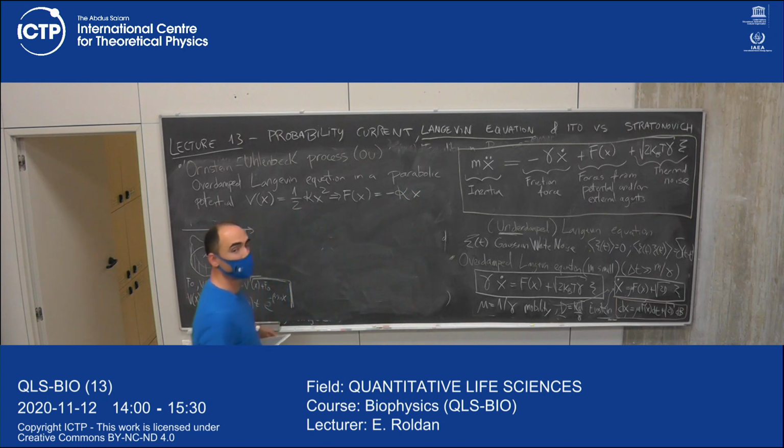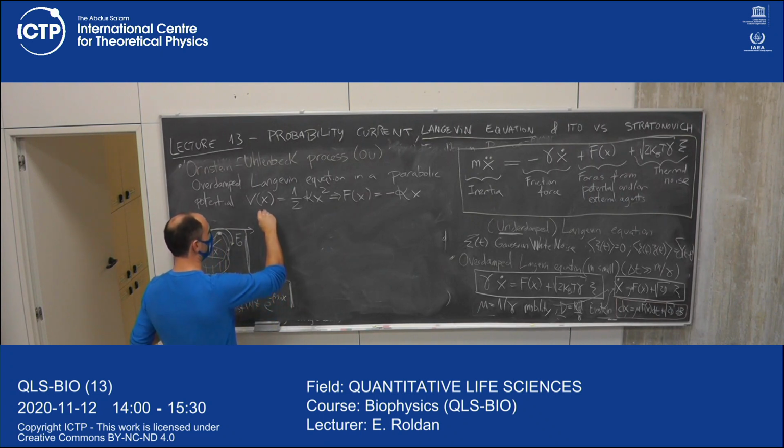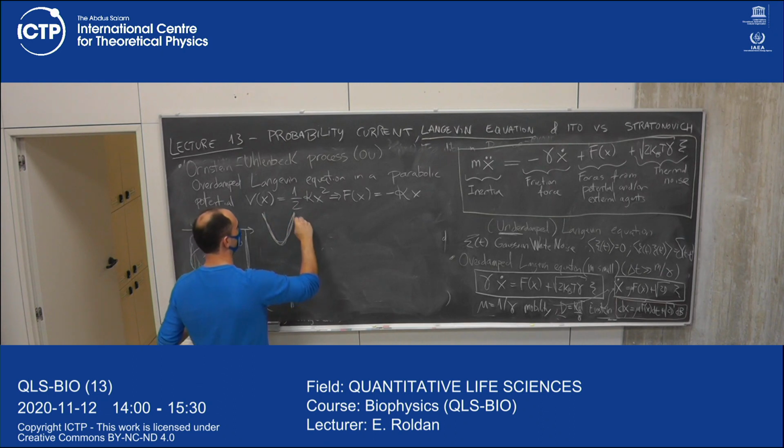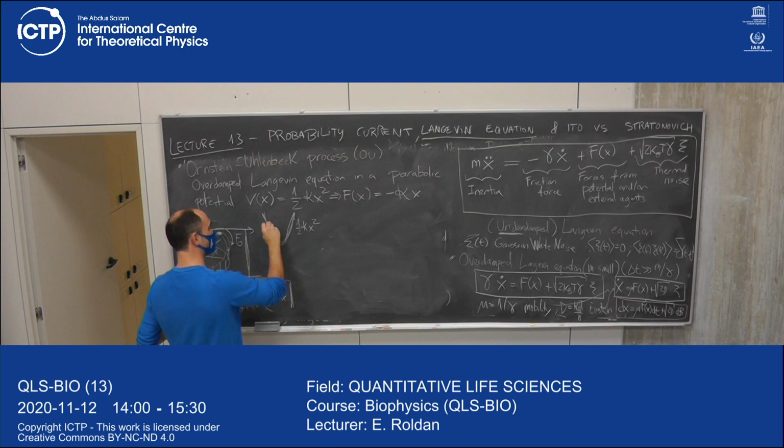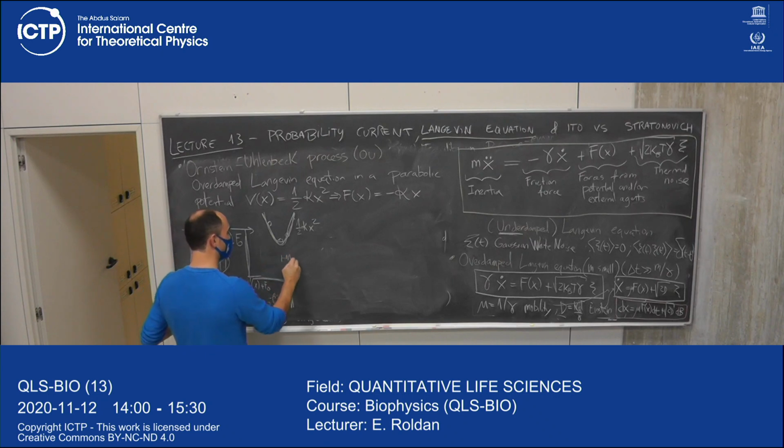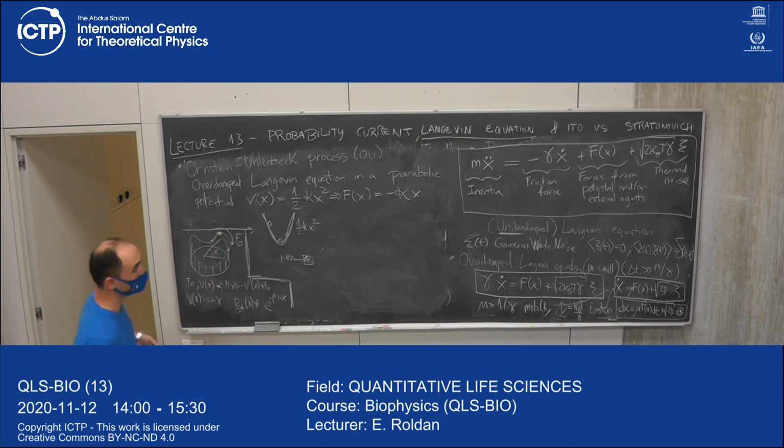This is a spring. It's Hooke's law. The potential is 1/2 kappa x squared. Where you are here, the force is very strong. Here it is weaker. Here, the force is 0. So this is like having a spring with a mass. Well, it's a zero mass, but you have a system in a spring with noise.